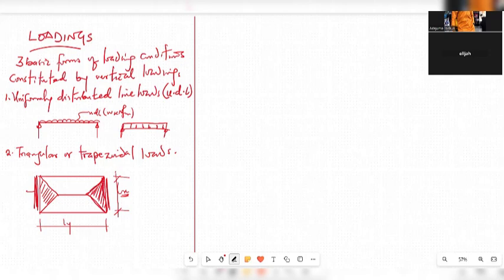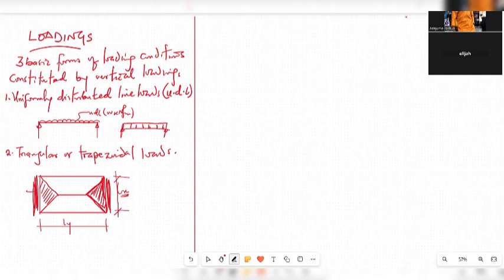I said the amount of load that will be coming to this side of the slab and this side of the slab will be proportional to the area of this triangle.